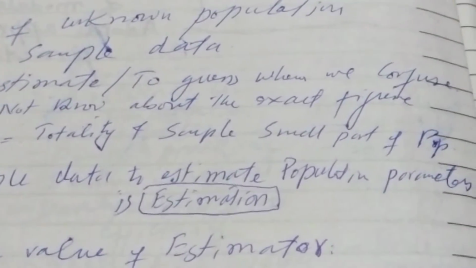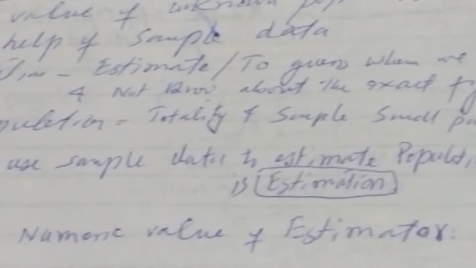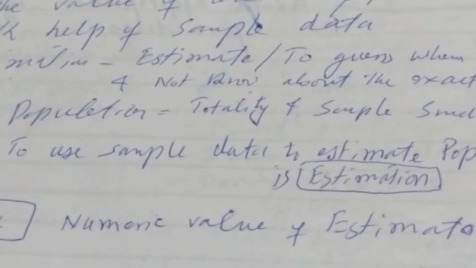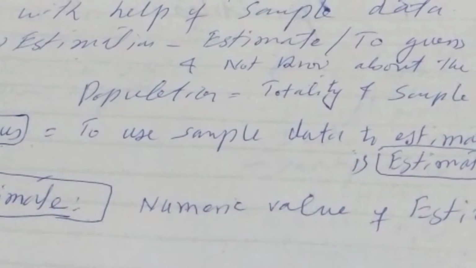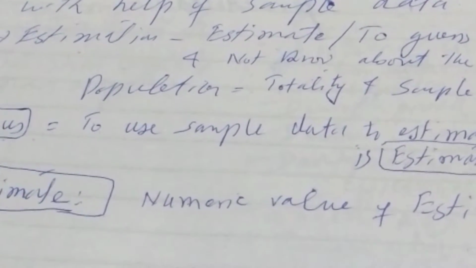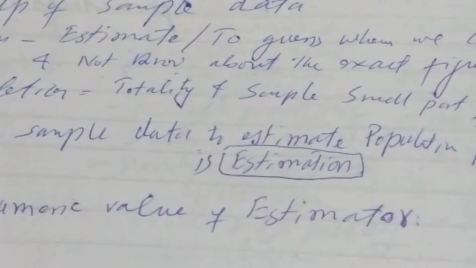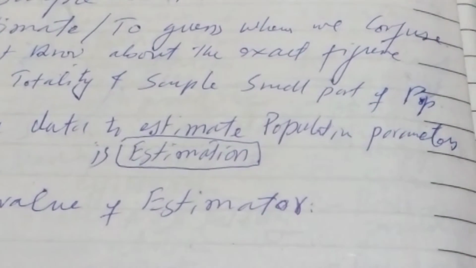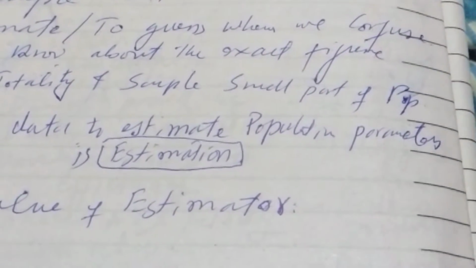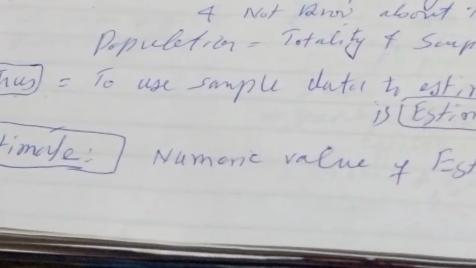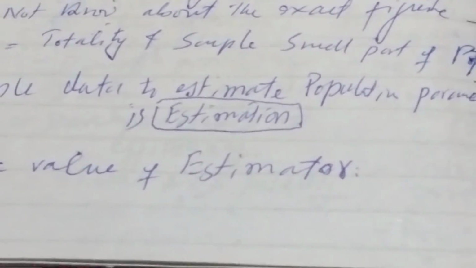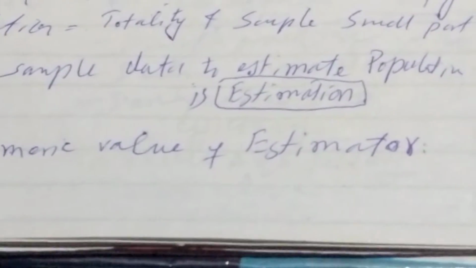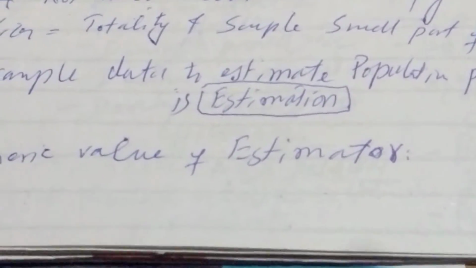It means estimation is to guess when we do not know the exact figures or values of a population. Population is totality while sample is a small part of population. Thus, to use sample data to estimate a population parameter is estimation.